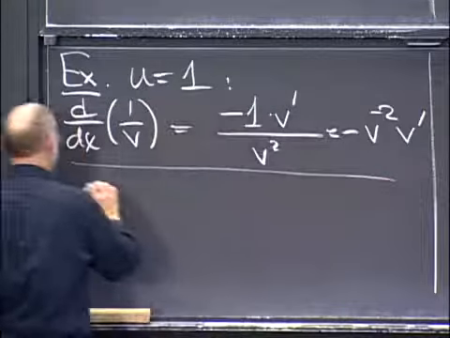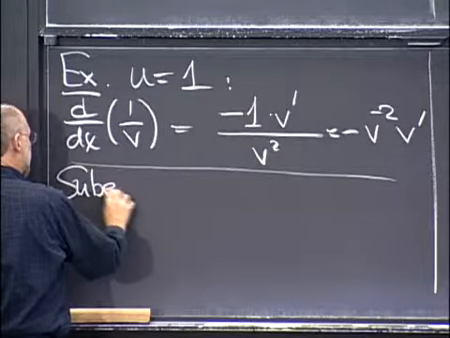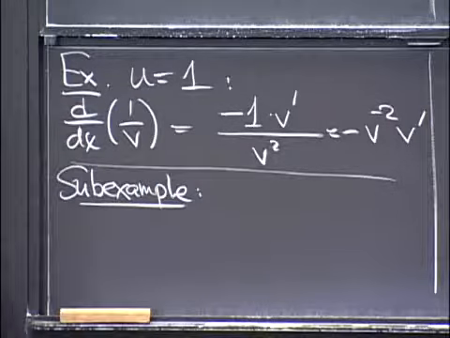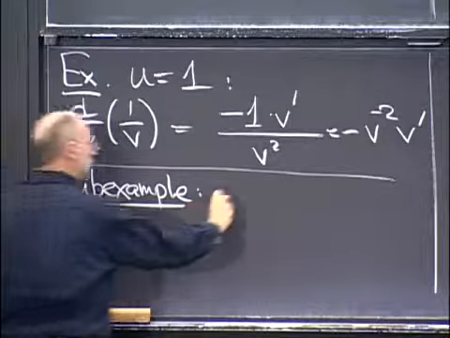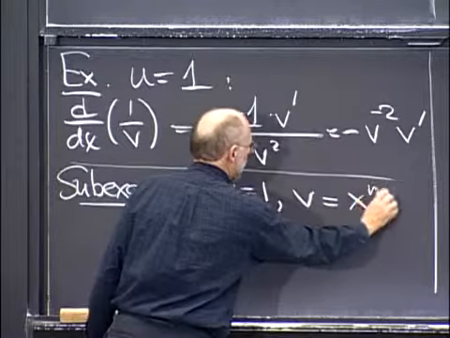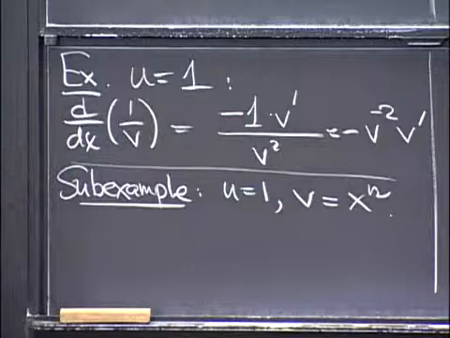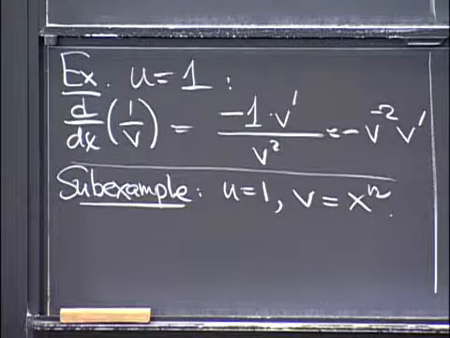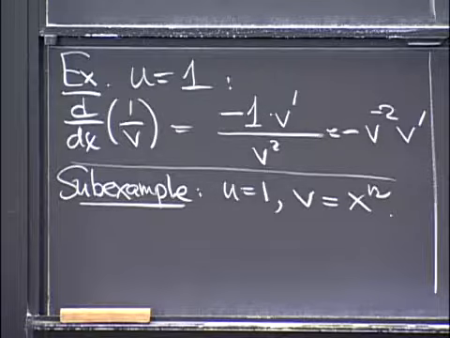How about a sub-example of that? I'm going to take the special case where U is equal to 1 again, and V is a power of x. And I'm going to use the rule that we developed earlier about the derivative of x to the n.